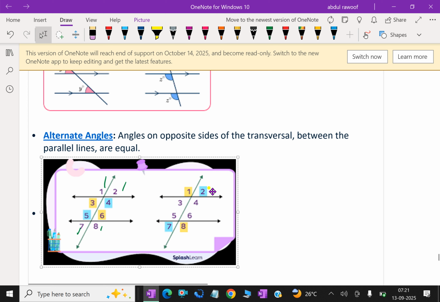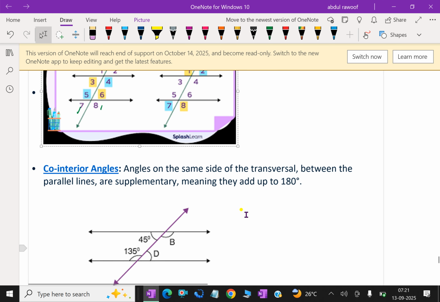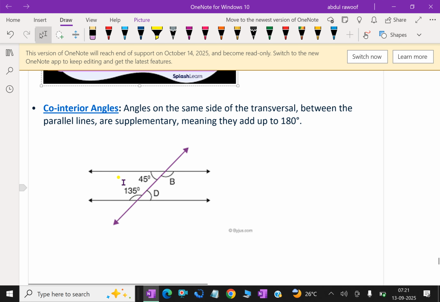Please understand these concepts of angles and angle positions. This is very useful to solve some crucial problems in geometry. We'll discuss it in later videos. Co-interior angles: angles on the same side of the transversal between the parallel lines are supplementary, meaning they add up together to 180 degrees.